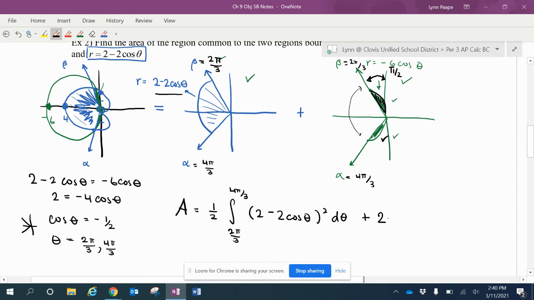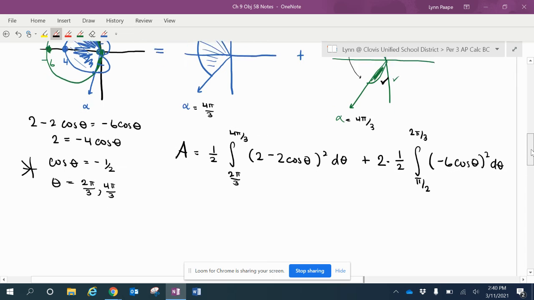So I'm going to go 2 times 1/2, because I want to find it for just 1 and then double it because of symmetry. I'll start at the quadrantal pi over 2, and then go until I hit that first radial line of 2 pi over 3, of my function, -6 cosine theta, squared, d theta. Okay, so I just did the setup, but that would give me the same idea.